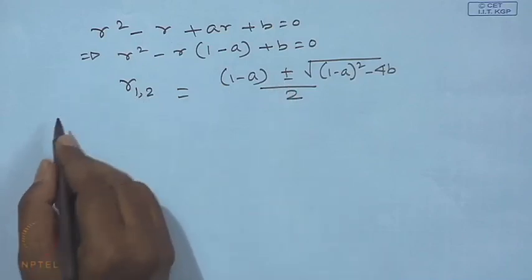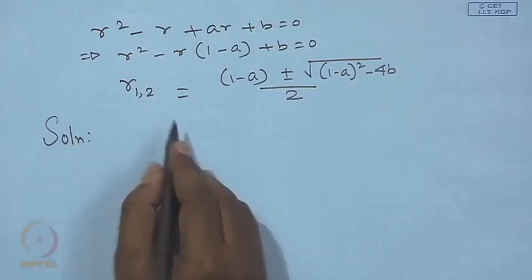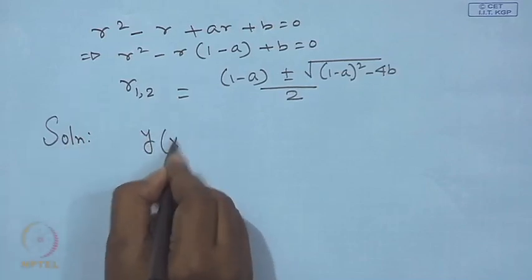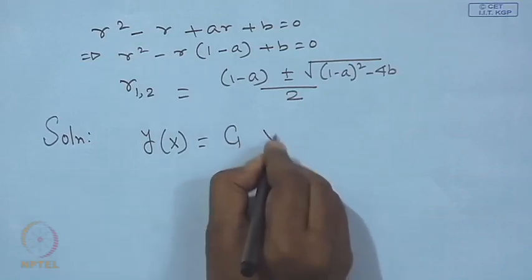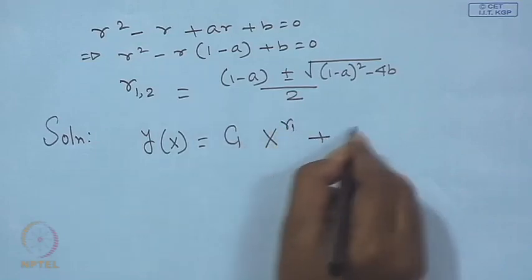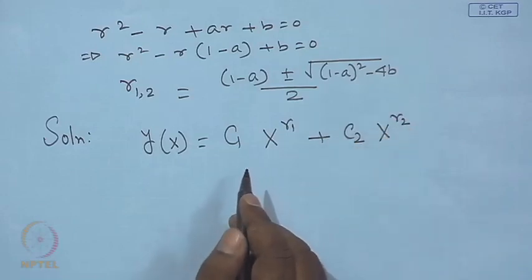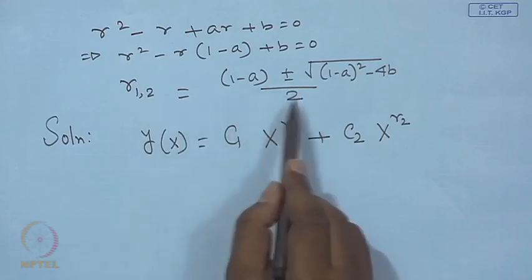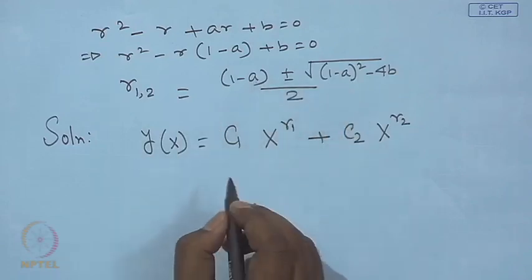Therefore, the solution of Euler's equation is y as a function of x equals c 1 x to the power r 1 plus c 2 x to the power r 2, where r 1, 2 is given in terms of the known parameters a, b, etc.